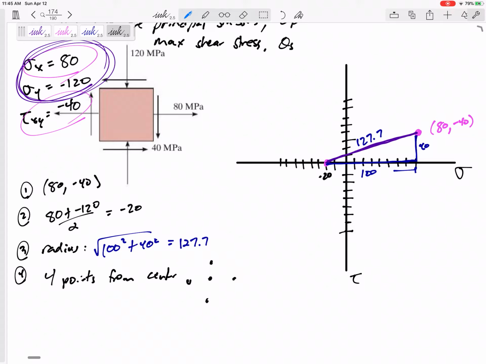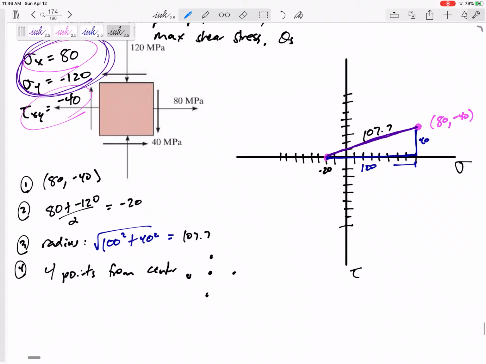Oh, I'm sorry, guys, this is 107.7. To the left, yes, that makes sense.